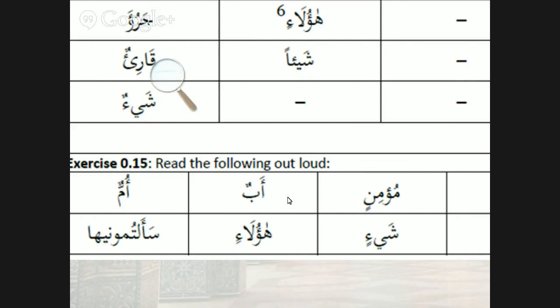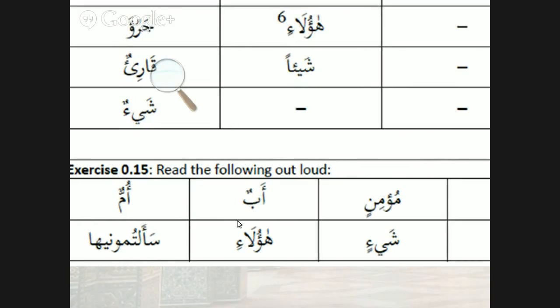Number 6. Oh, this one right here. You want me to pronounce it? Okay, it's ha'ula'i. It's in your notes when you download the notes. The footnote number 6. I'll read to you what it actually means.